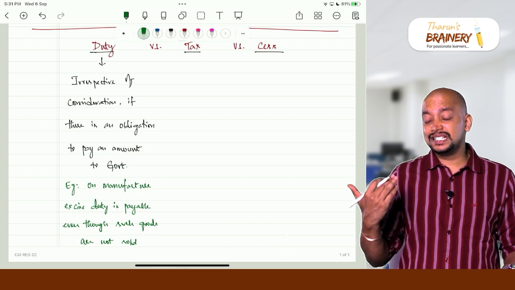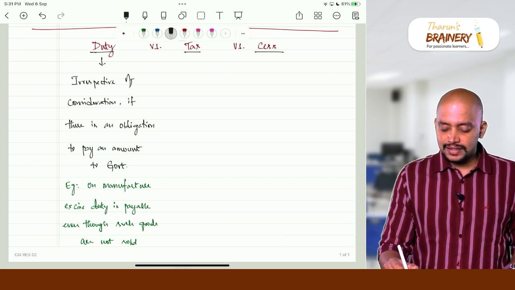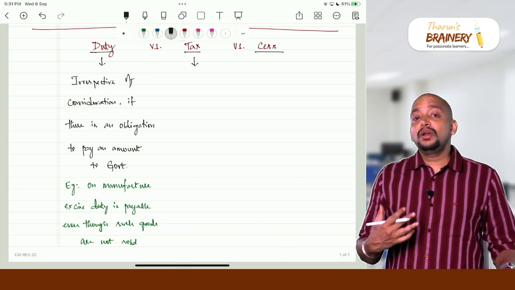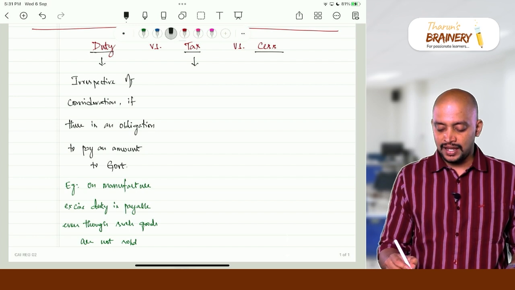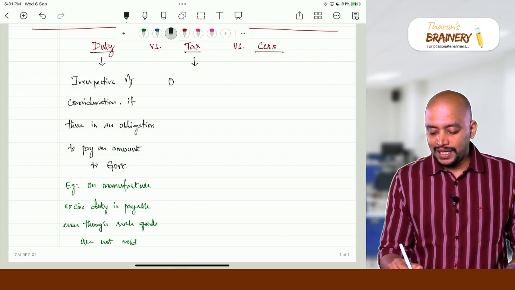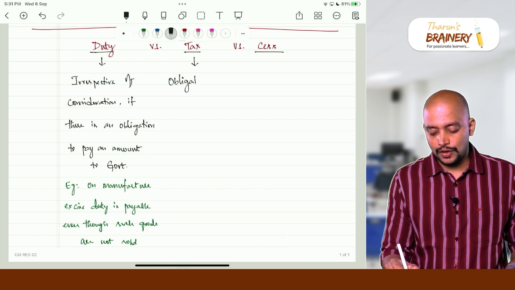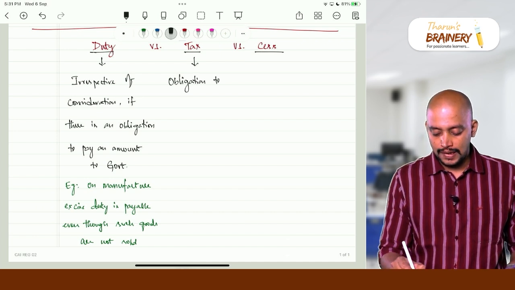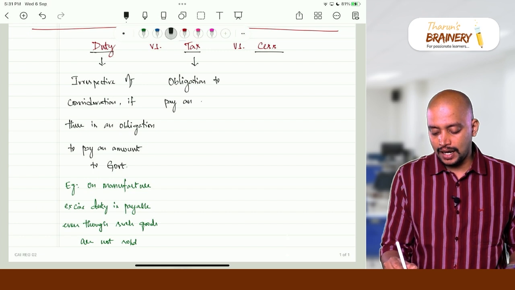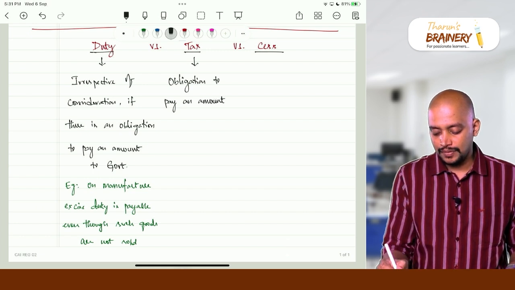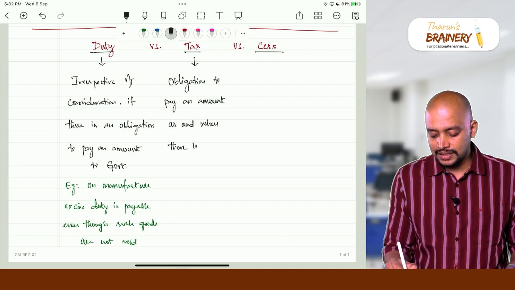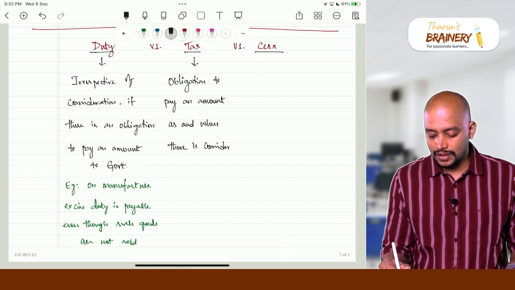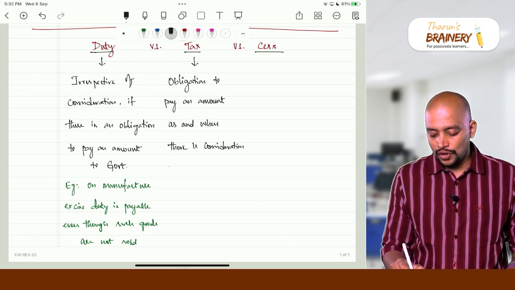Then what is tax? Tax is an obligation to pay an amount only when there is a consideration involved in the transaction.